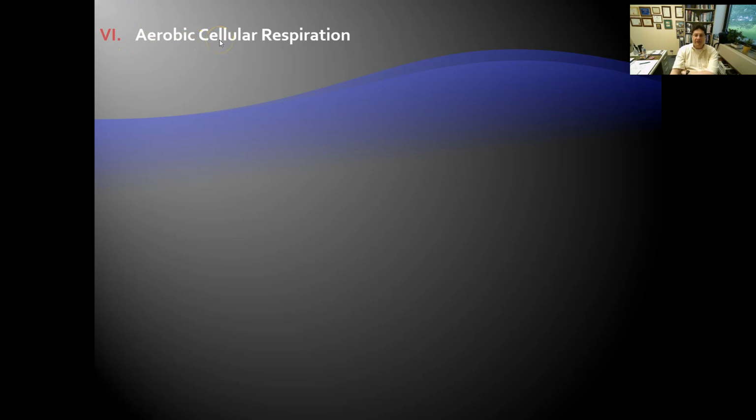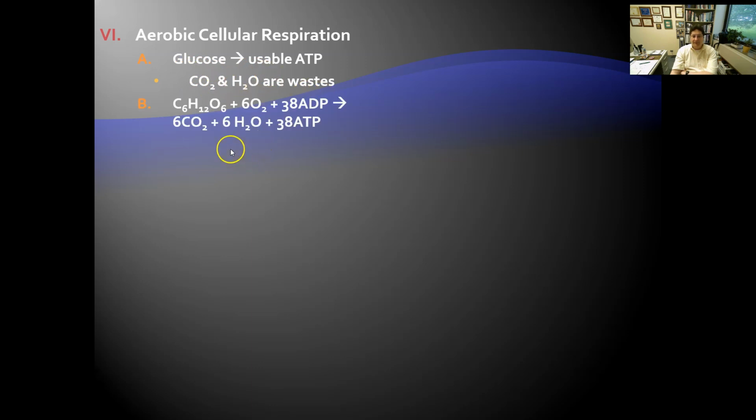Now, cellular respiration is this process. I'm going to take glucose, a sugar, and through a bunch of reactions, I'm going to convert that into usable ATP. Remember, ATP is energy, chemical energy. We're going to kick out carbon dioxide and water as a waste product. So this is the equation. I'm going to have my glucose.